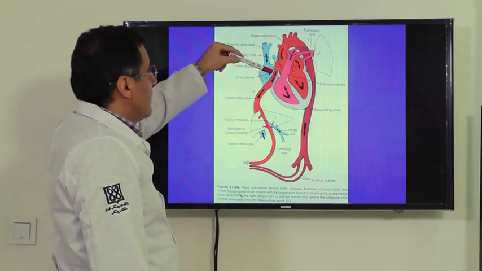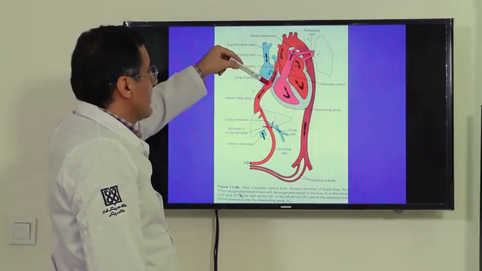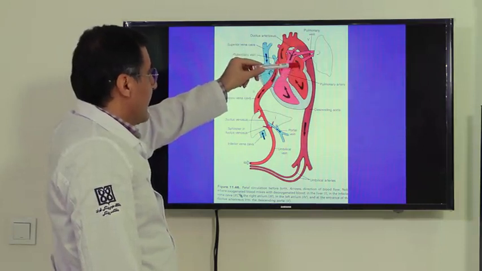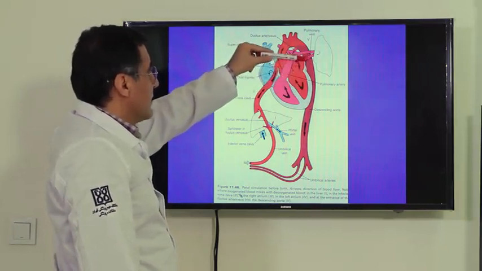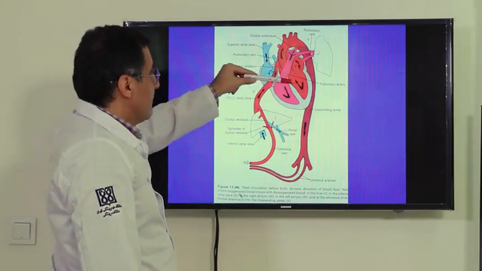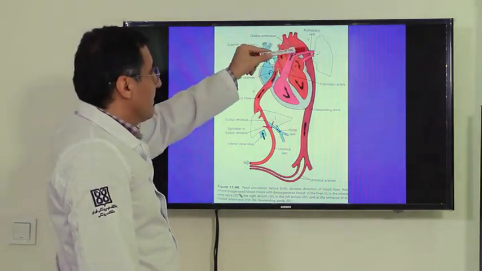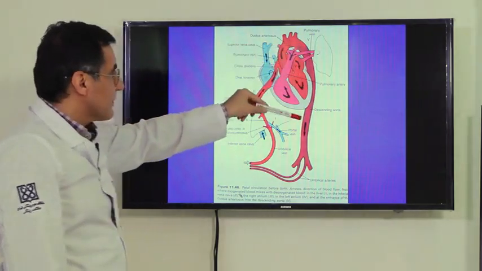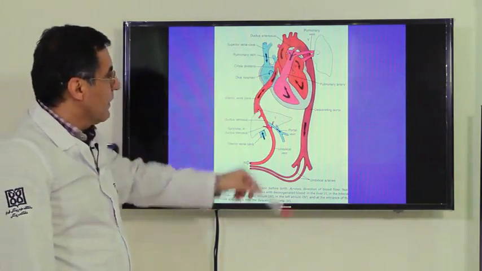This is the oval foramen. Most of the blood comes into the left side. Again we have a mix with the oxygenated blood from the lungs, and finally we have pumping of the blood to the aorta, to the whole body.